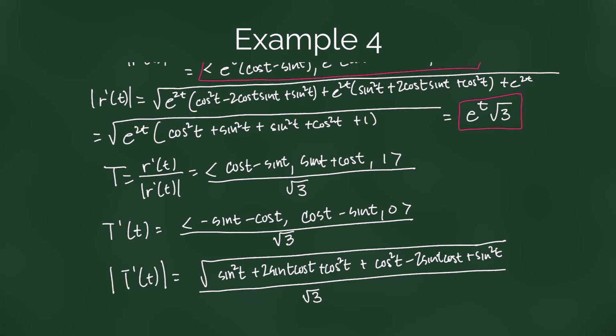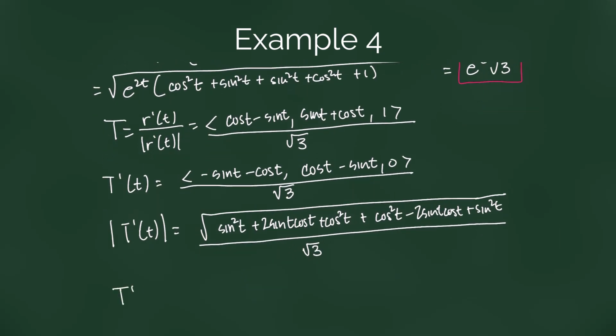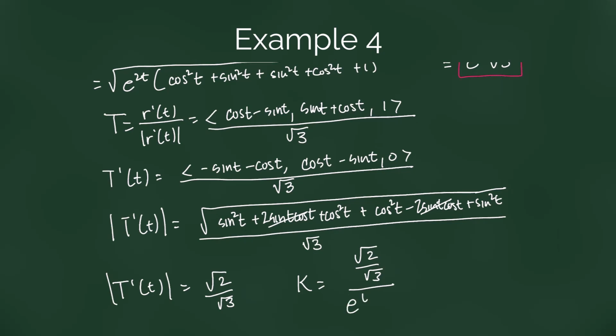We can tidy that up. T prime of t, the magnitude of that is, these guys cancel. I have sine squared, cosine squared, cosine squared, sine squared, so I get the square root of 2 over the square root of 3. Going back to kappa, kappa is that magnitude, square root of 2 over the square root of 3, over the magnitude of r prime of t. The magnitude of r prime of t was e to the t root 3.